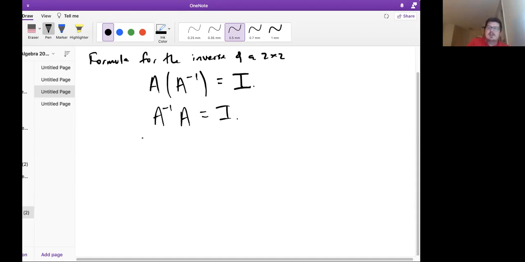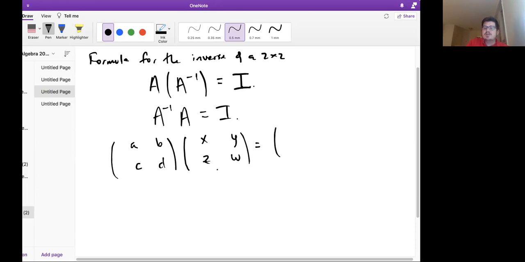So let's give ourselves a random 2x2 matrix, A, B, C, D, and let's suppose it has an inverse, and we don't know what the numbers are. But this is what it would mean to have an inverse: it's a matrix that you multiply to get 1, 0, 0, 1.